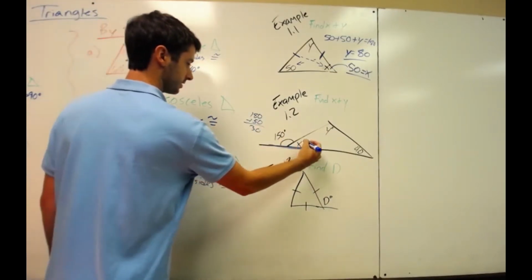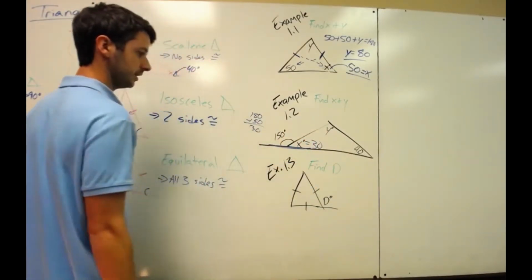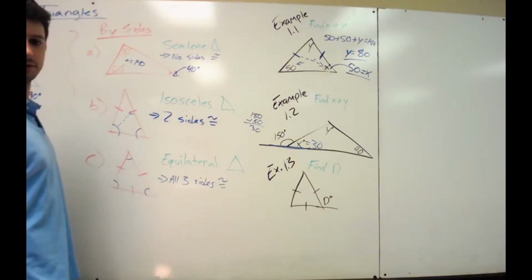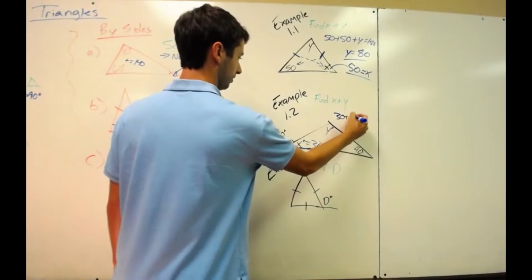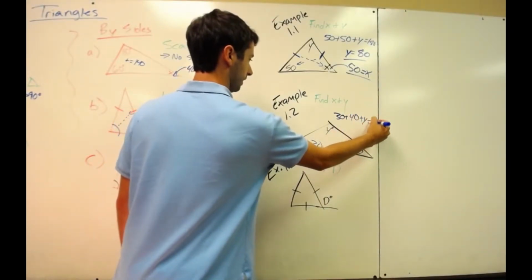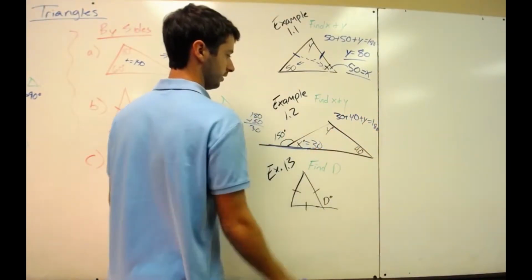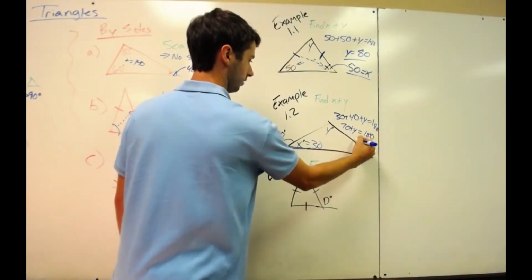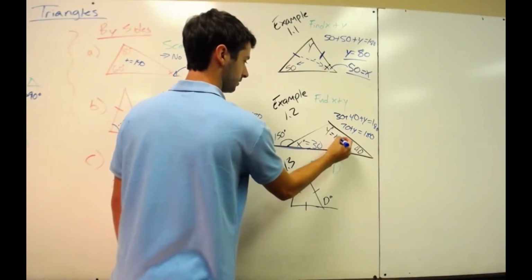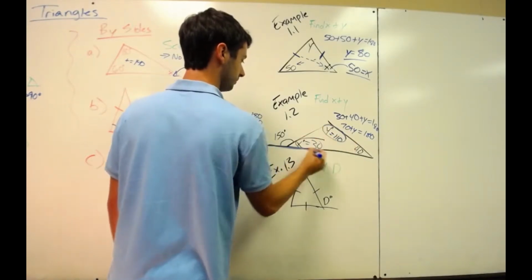Therefore, x equals 30. And then you can solve for the triangle. All angles 180, 30 plus 40 plus y equals 180. 70 plus y equals 180, y equals 110. There's your two answers there.